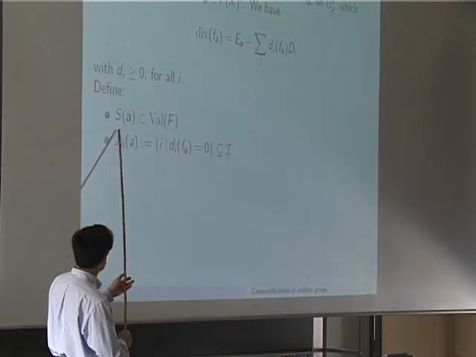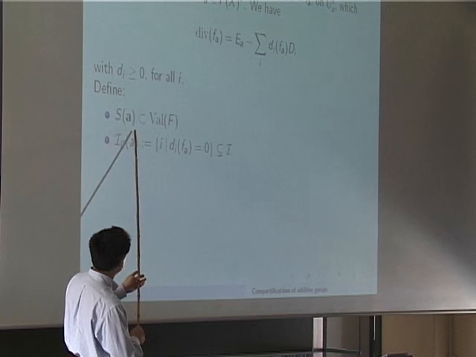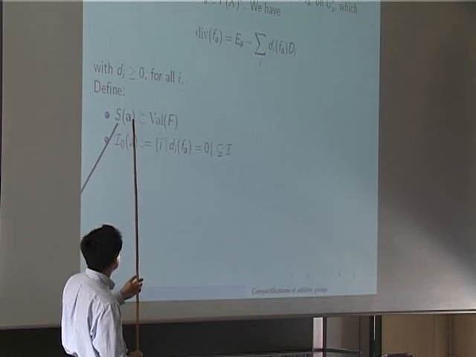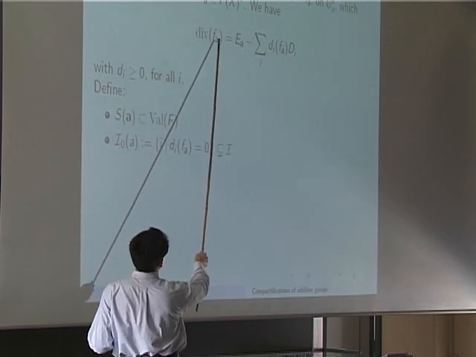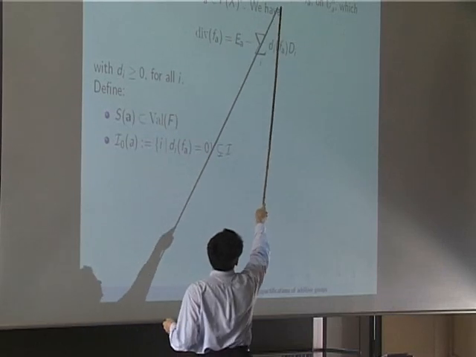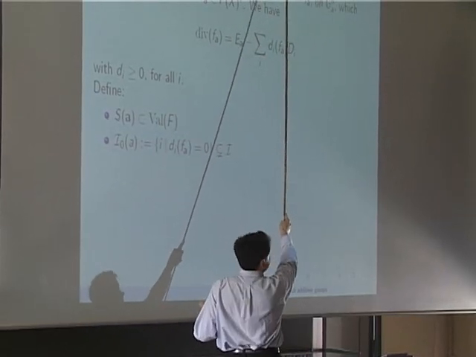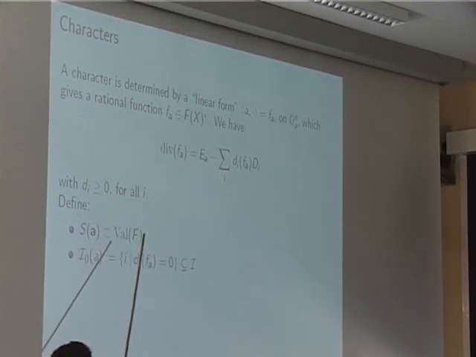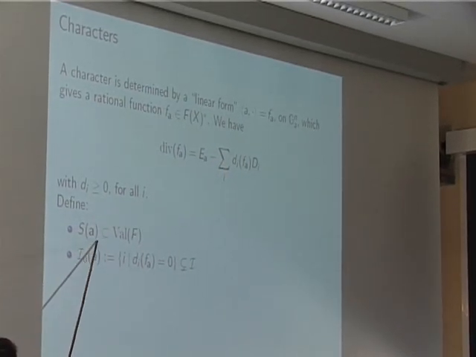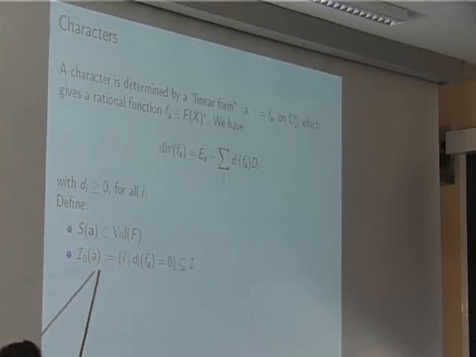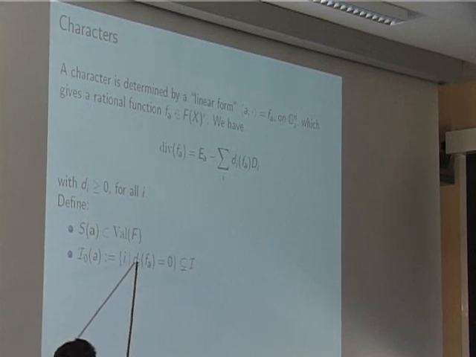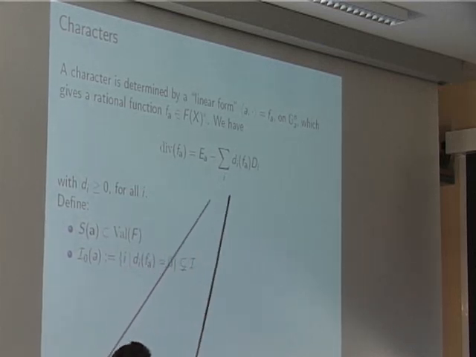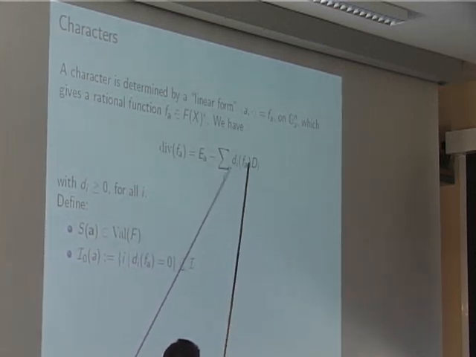And just as before, there will be a set of bad places, those where this linear function begins to behave badly, like some of the coefficients are divisible by v, and so on. So there will be finitely many places depending on a which we will exclude. And then let this be the set of all those indices where the d_i of this f_a is just 0.